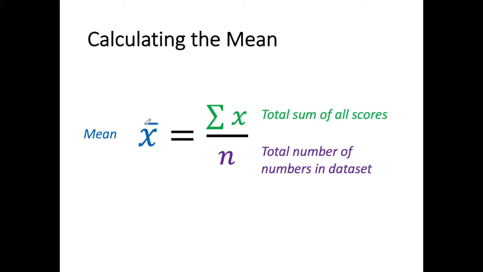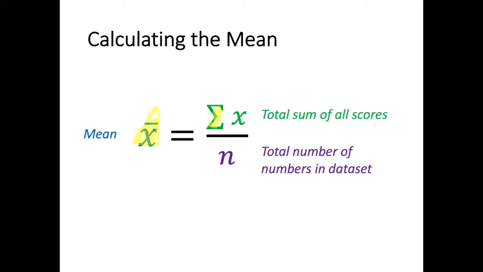When we've got a line above the x, that is our symbol for mean. And x in this case is the score or the numbers. So the mean of the numbers is equal to the sum of the numbers, and the backwards e is our symbol for the sum, of the numbers divided by n, which is the total number of numbers in the data set.